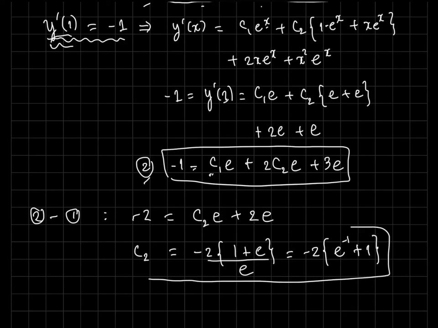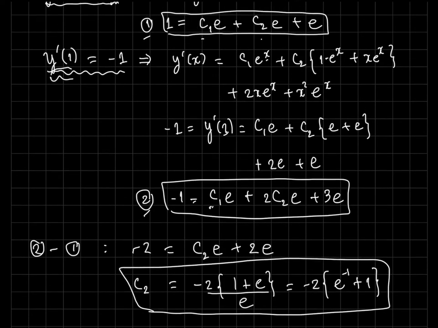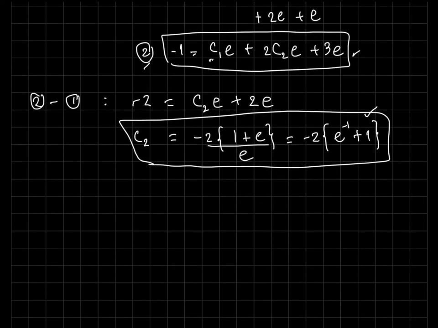So this is our c sub 2. Now to obtain c sub 1, we just substitute this value in either equation 1 or equation 2. Let's choose equation 1 because it looks simpler. So what we'll do is substitute c sub 2 in equation 1.